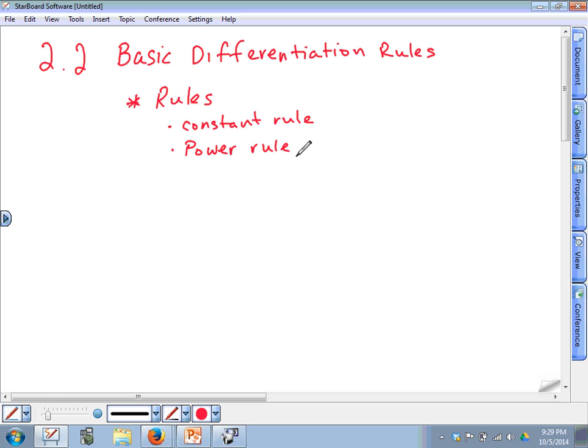And I think this is the one that a lot of you last time started to notice as we were finding the derivative using the limit process. You started to recognize some patterns. We're going to talk about the constant multiple rule.